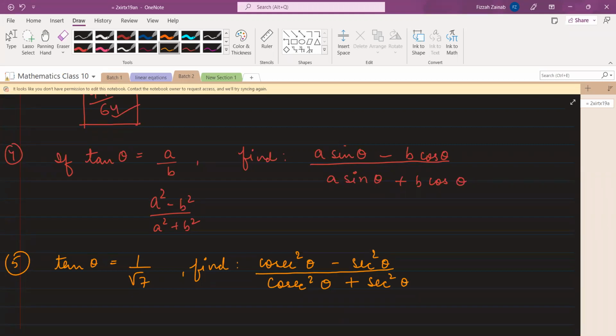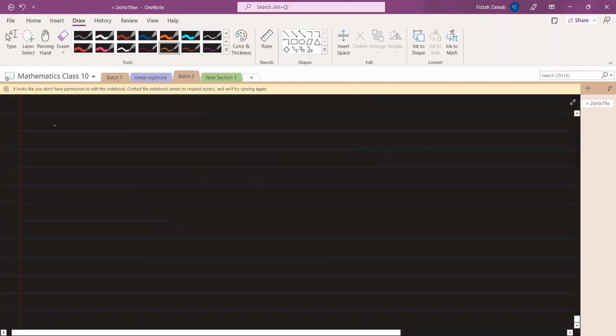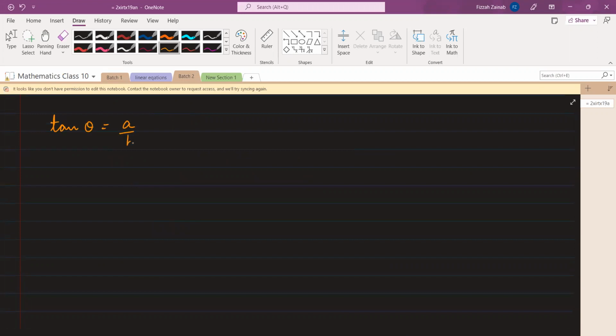Yeah, sure. So tan theta is A by B, right? So draw a triangle. Take one of the angle theta here, ABC. So tan of theta is perpendicular by base, that we know.